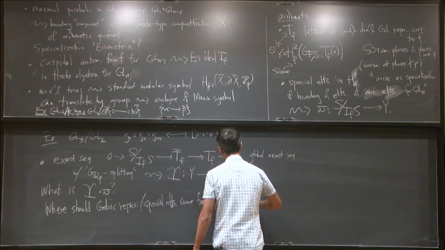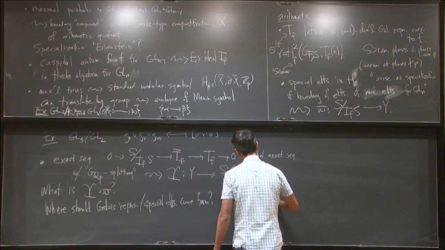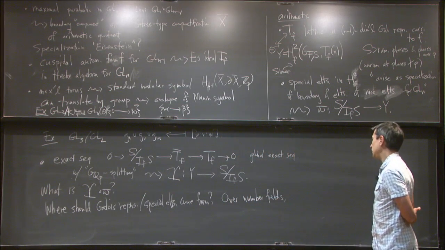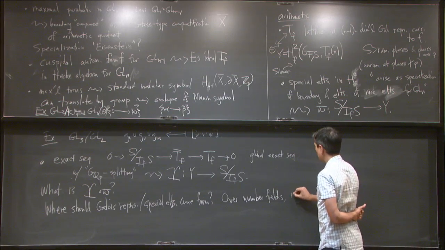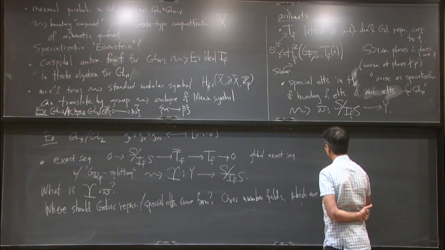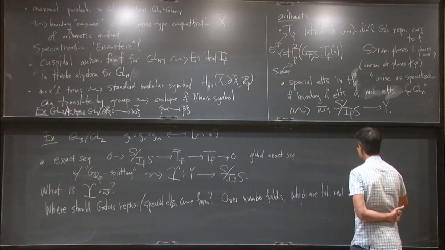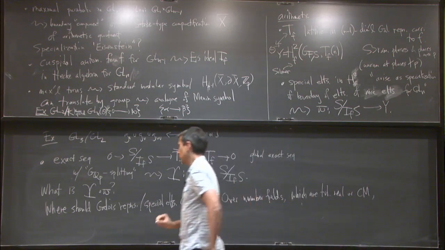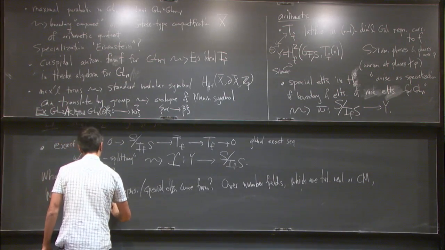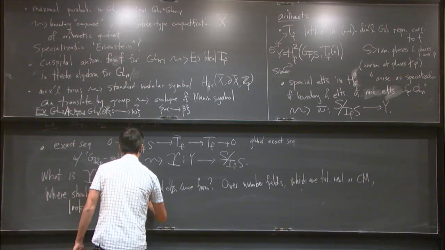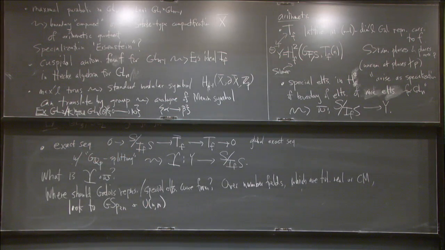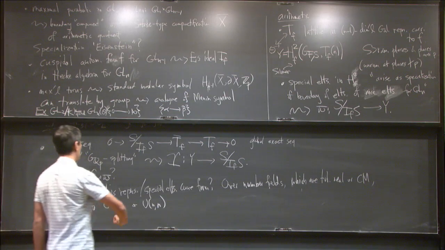Well, maybe you need a Shimura variety. Let's now restrict to totally real or CM. You might look to GSp2N or UNN, perhaps. Even there, you're going to have problems. Or GUNN.